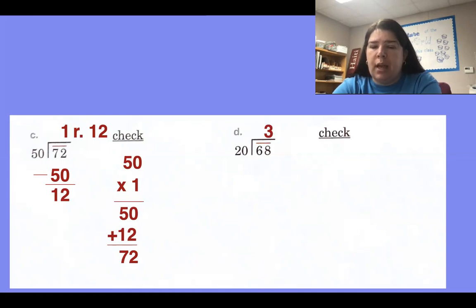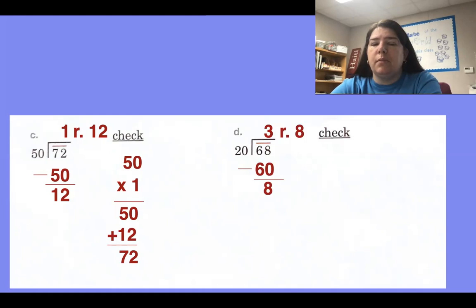Put the 0 under the 8, and 3 times 2 is 6. Put the 6 under the 6. Now we're going to subtract. We subtract 68 minus 60, and we get 8. 8, we compare with 20, is less than, and there's nothing else to bring down. That means that 8 is my remainder.